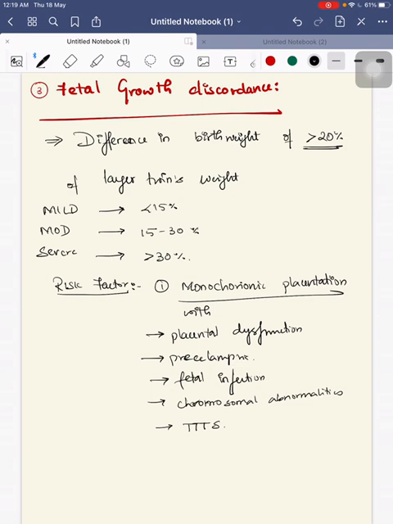Next complication is intrauterine fetal demise.